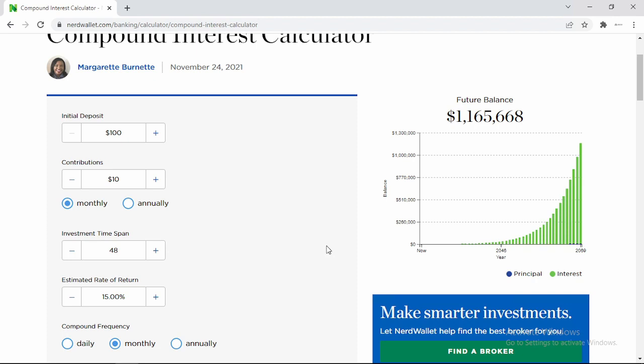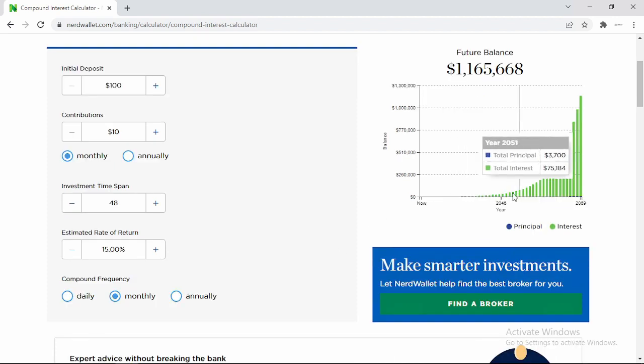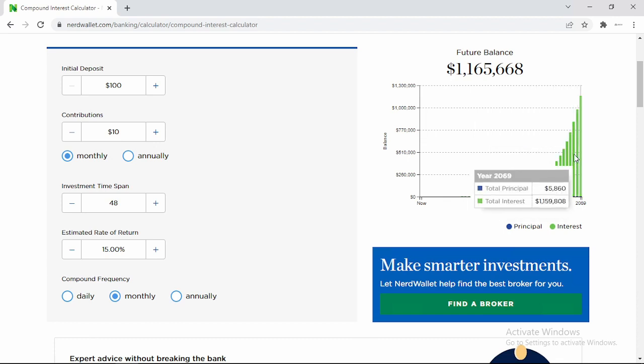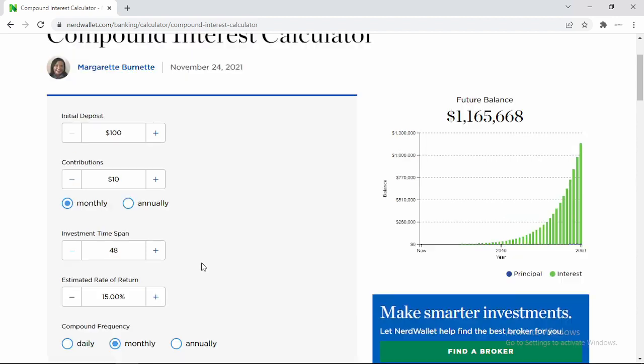So you can see the statistics over here: the first year, second year, third year, fourth year, fifth year. We ended up at about $1.165 million, contributing $10 monthly.